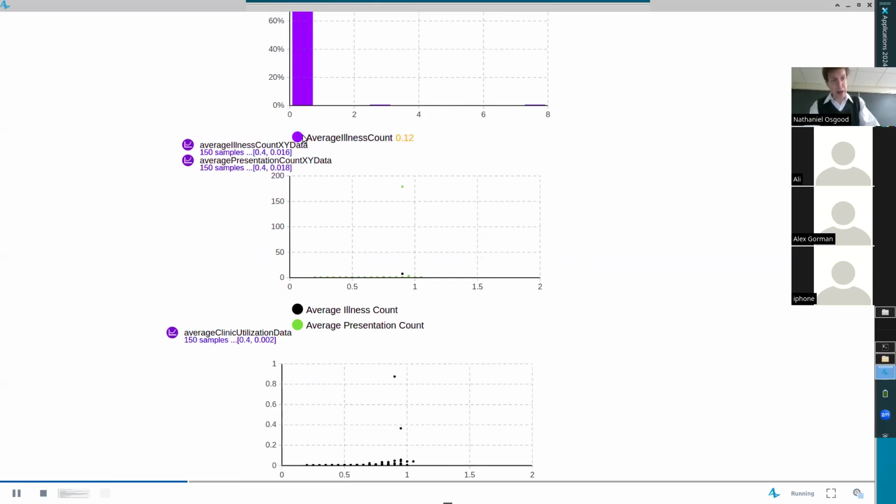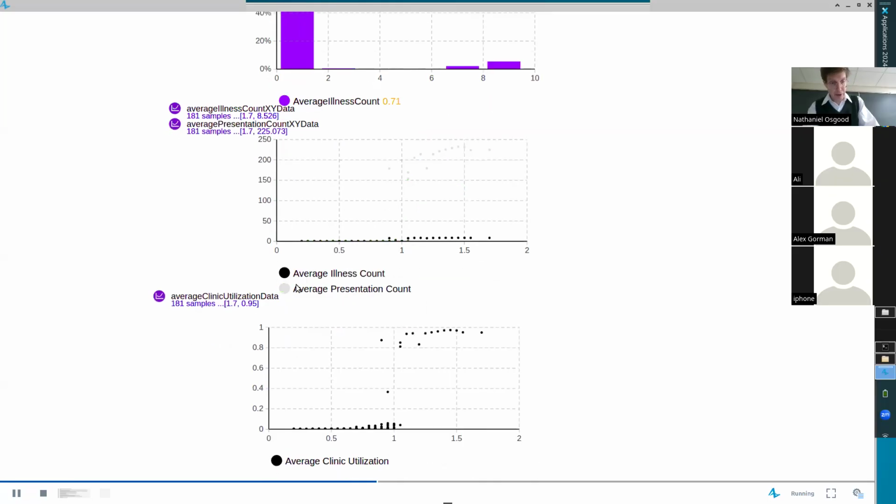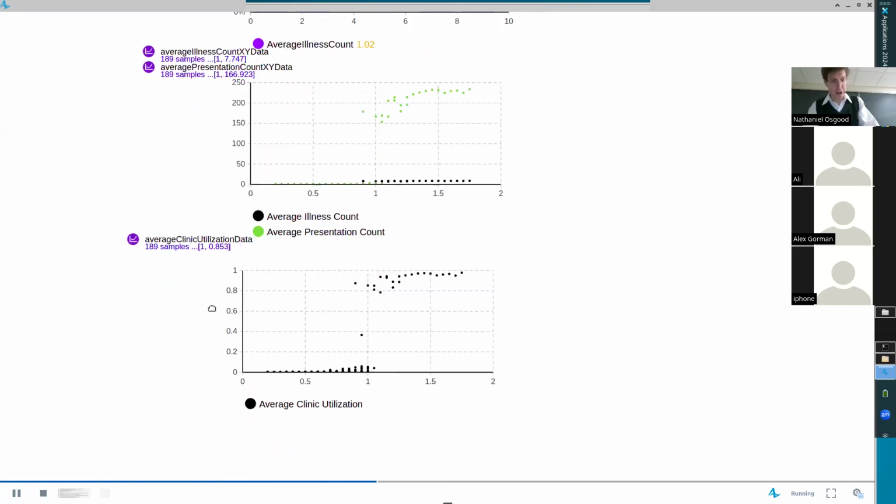There are average illness counts across different runs with different values of that parameter. We have average illness count here in black, average presentations there in green, a little bit further up, and this is average clinic utilization.